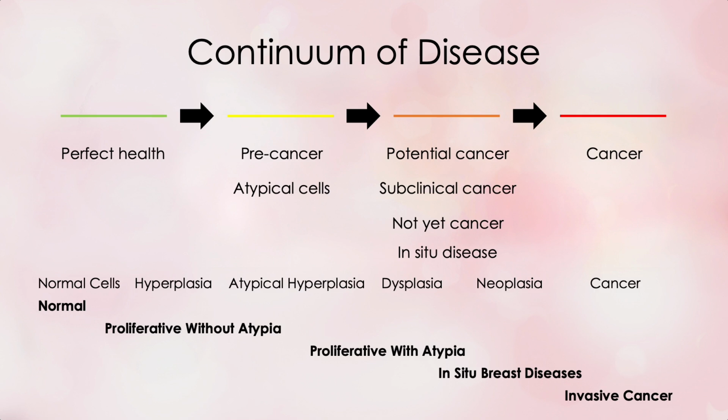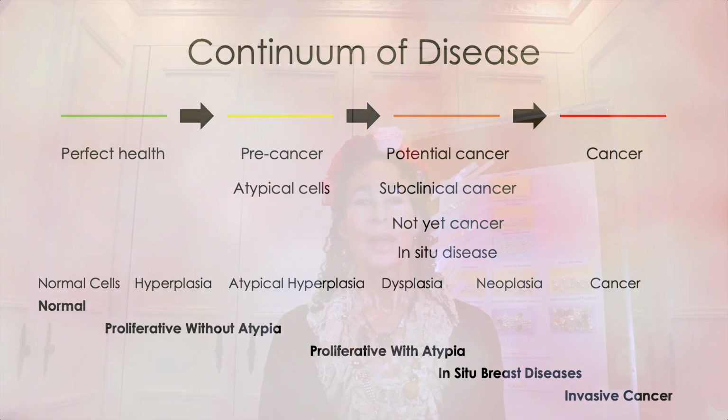Proliferative diseases without atypia corresponds to hyperplasia. Proliferative diseases with atypia corresponds to both atypical hyperplasia and dysplasia. In situ diseases correspond to both dysplasia and neoplasia. And of course, cancer is still cancer. But I added the word invasive because you've learned that in order for an entity to be cancer, it has to have invaded surrounding anatomy.